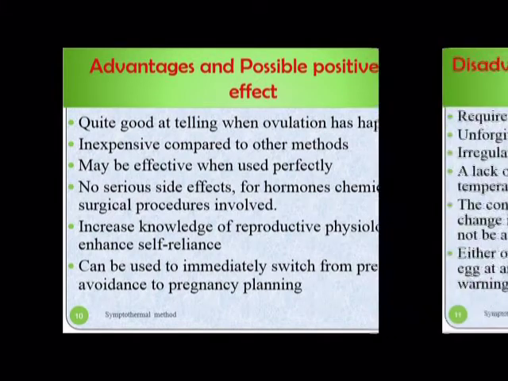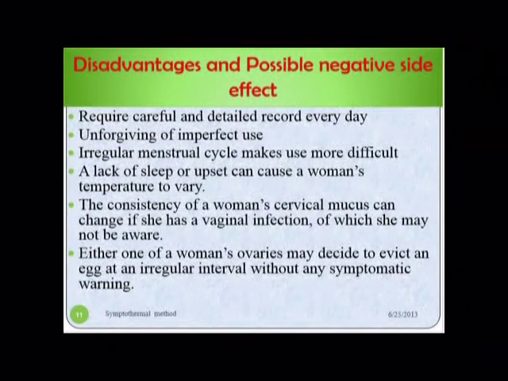The method also has some disadvantages. It requires careful and detailed records every day, and is unforgiving of imperfect use. An irregular menstrual cycle makes it more difficult. A lack of sleep or being upset can cause a woman's temperature to vary.